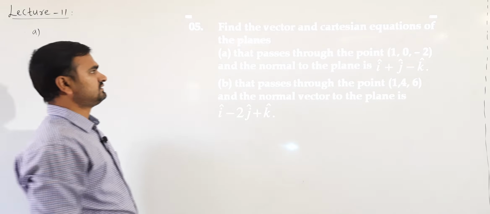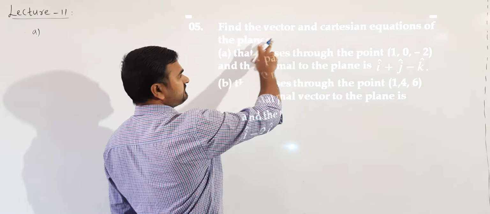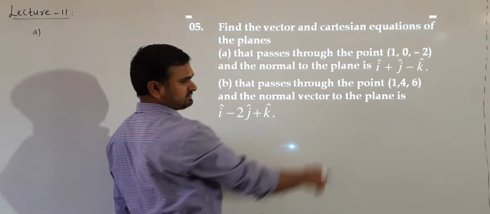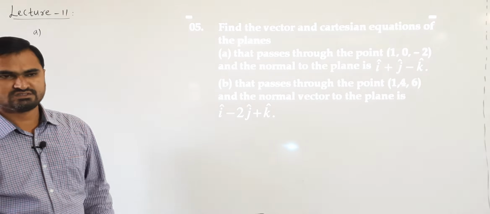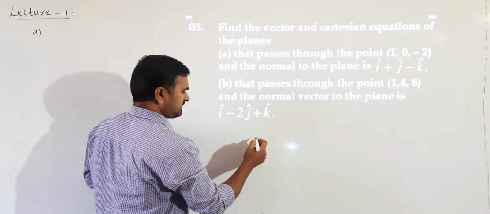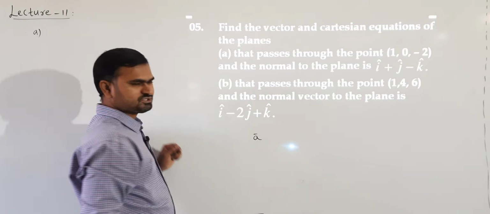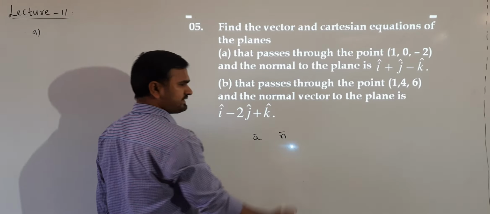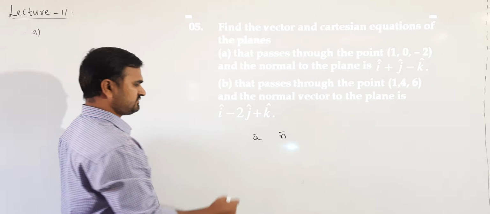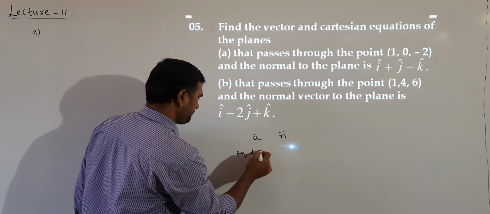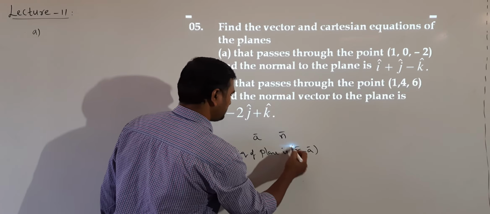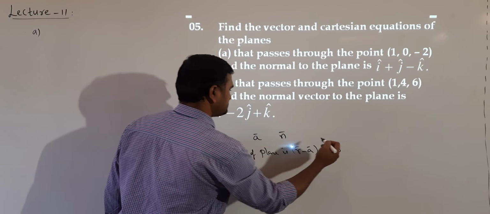See the first part: vector and Cartesian equation of a plane passing through the point and normal to the plane. Which formula can we use? The equation of a plane passing through a point with position vector a bar and normal vector n bar is r bar minus a bar dot n bar is equal to 0.